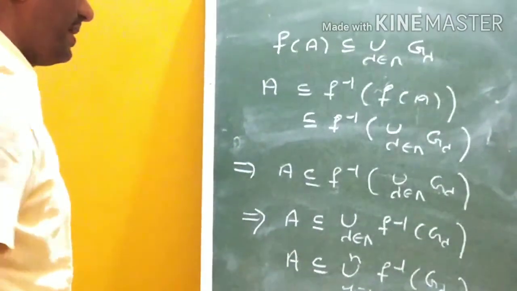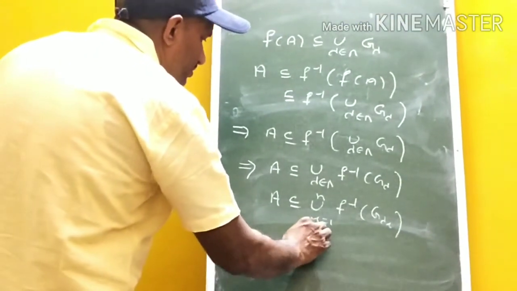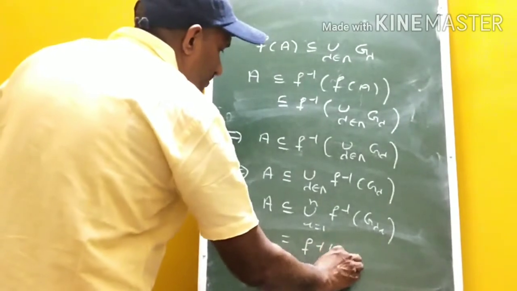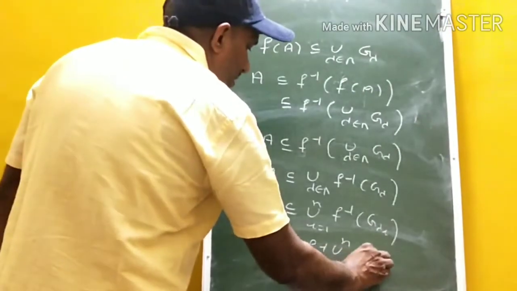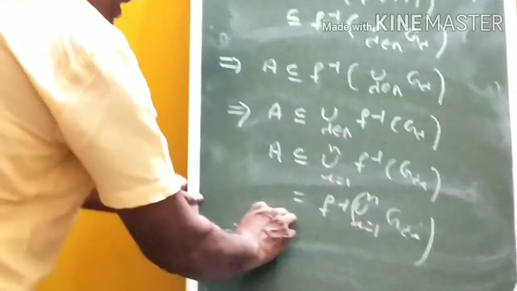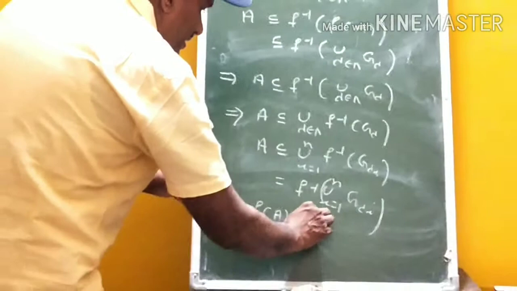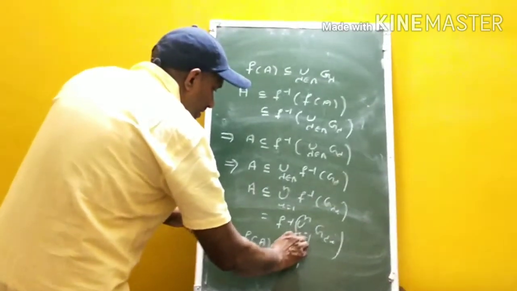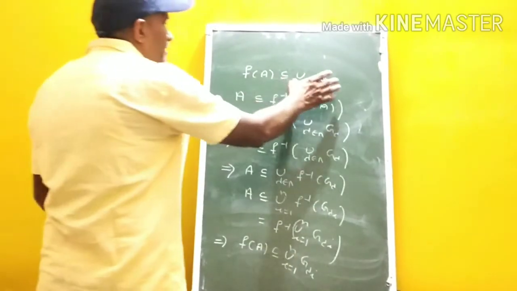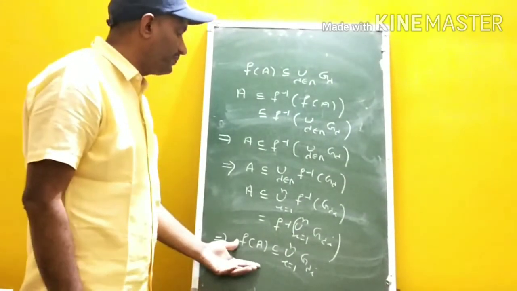This is equal to f inverse of union i from 1 to n G lambda i. Since f is continuous, f(A) is contained in union i from 1 to n G lambda i. Now this is the cover of f(A), and we draw a finite subcover.